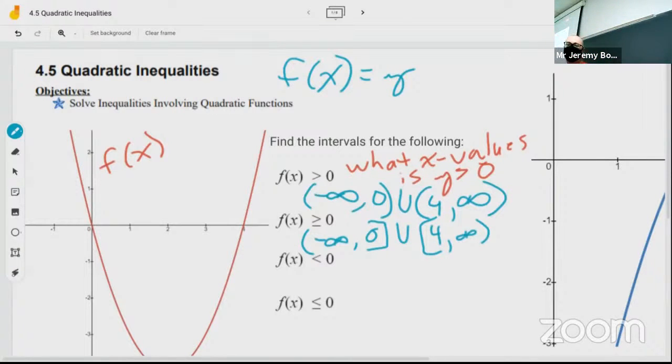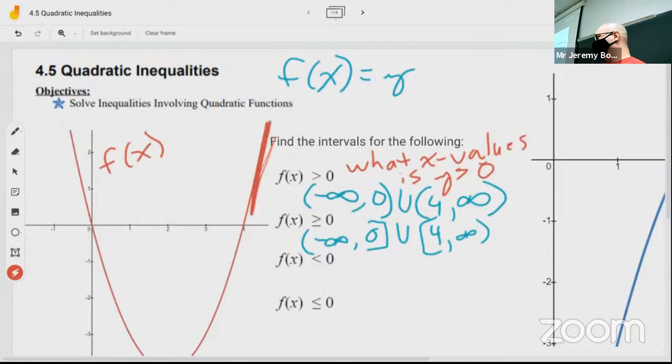What if we want to know where f of x is less than 0? That's where it's below the x-axis. And so for what intervals is it below the x-axis? It's above it here, from negative infinity to 0.